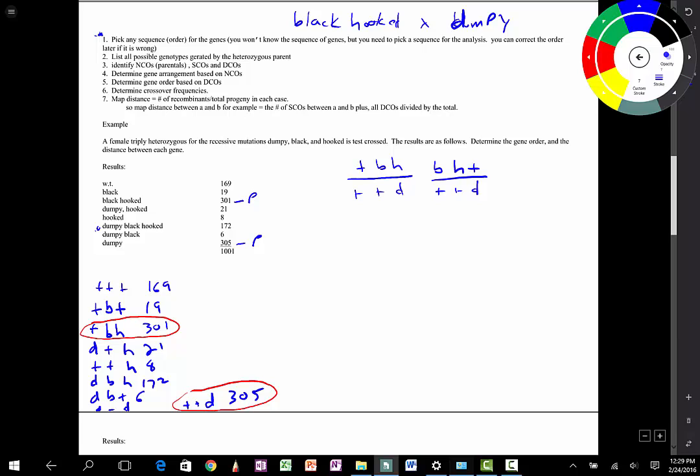So if we put D in the middle, then these genes are over here, and we'll keep B to the left and H to the right. So these are three possible ways that this thing could be heterozygous. In each of these cases, we still have B and H on one side of the line and D on the other side of the line, but we just have different things in the middle. So what we want to do is look and see if we have a double crossover.